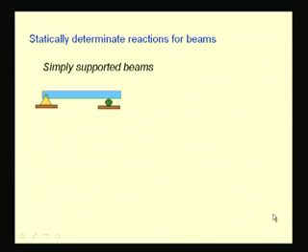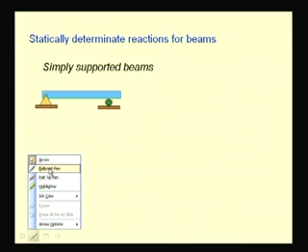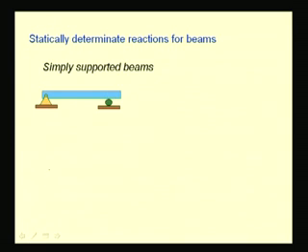First, let us consider this simply supported beam. We have a pin connection at this end and a roller connection at this end, and we draw the free body diagram of this beam as a complete structure.